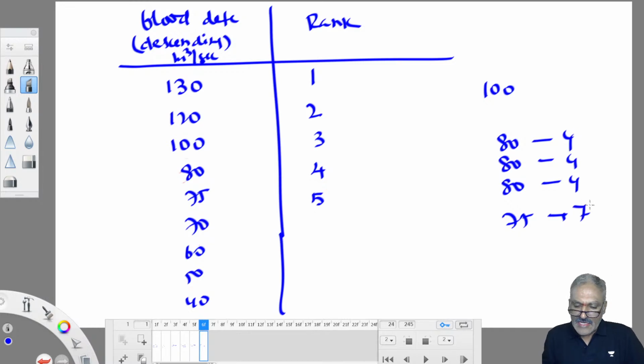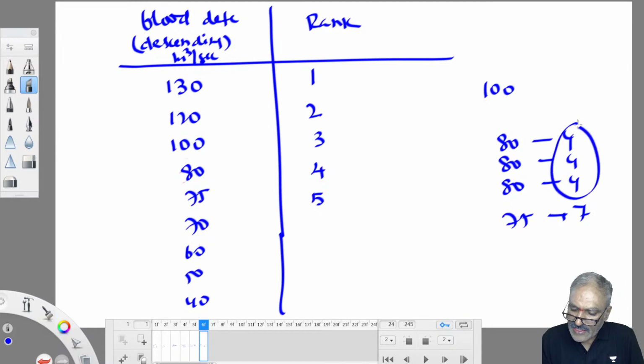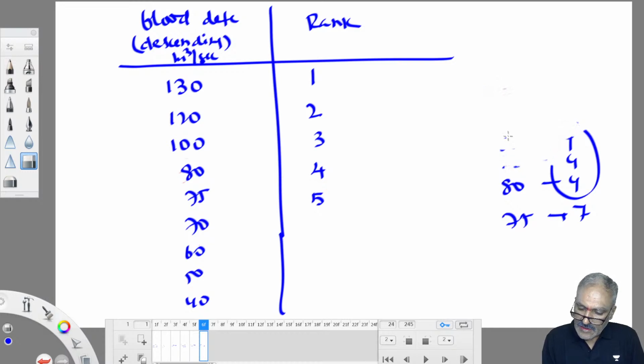Understood? Otherwise, if you blindly give ranks and the same data is there, so 3 different ranks are there, the minimum rank you take and use it. That way you can work it out. Okay? They'll confuse you by giving the same data repeatedly a couple of times, just to confuse you.